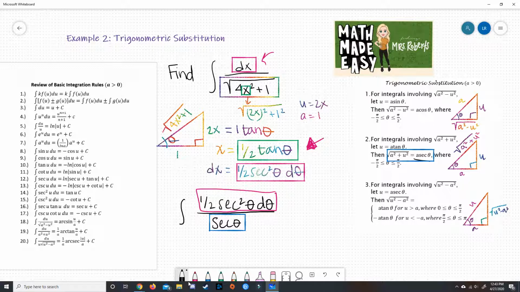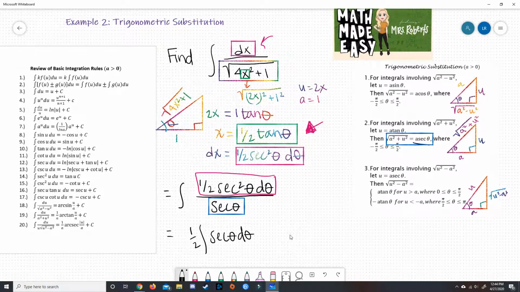Now comes the simplifying piece of it. That 1/2 stays, and secant squared of theta divided by secant of theta is just secant of theta d theta. Now we want to look over here, can we take the integral of secant of theta? And we can.